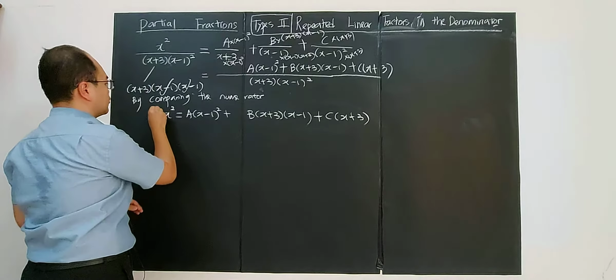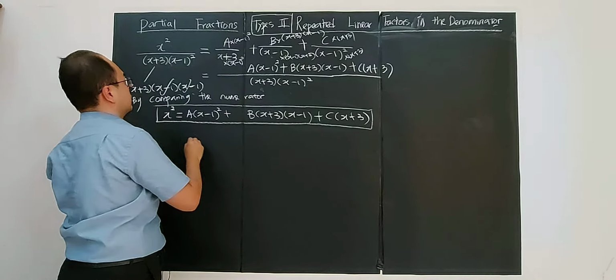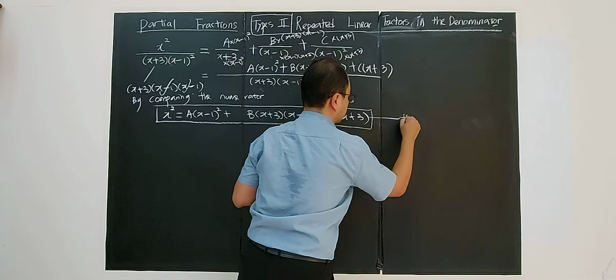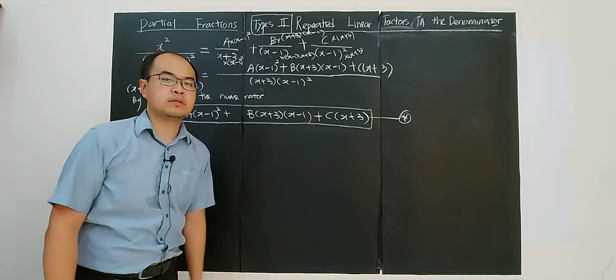This is very important, so you must make sure that this is correct. I put an asterisk here. Now I'm going to find the values of A, B, and C.